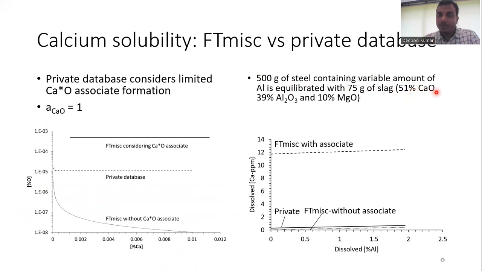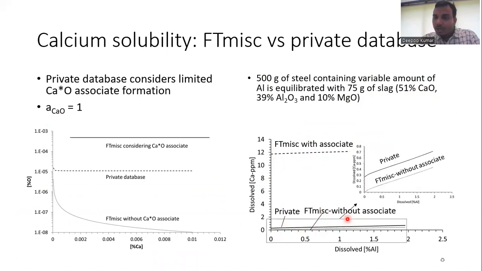The slag composition is 51% CaO, 39% alumina, and 10% MgO. So as expected, you can see that FTmisc with associate calculates the largest amount of dissolved calcium. These are equilibrium calculations. And then private is somewhat higher than the situation without associate, which is shown in more detail in this graph.